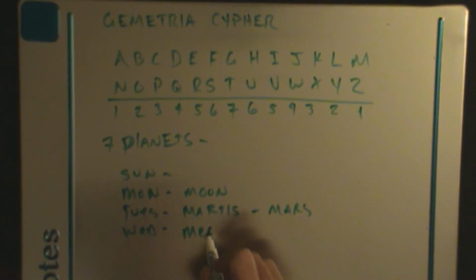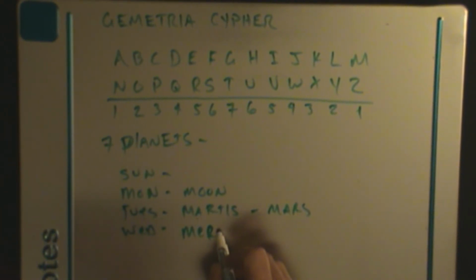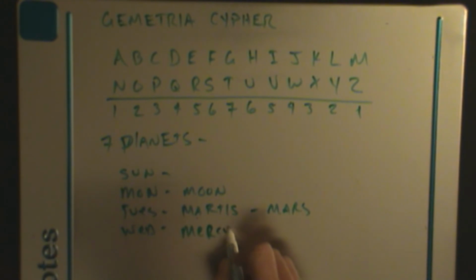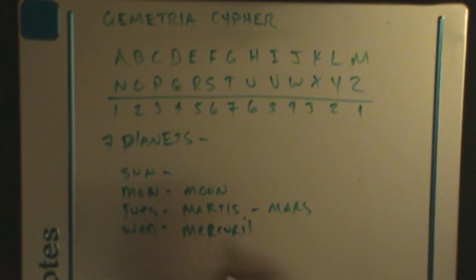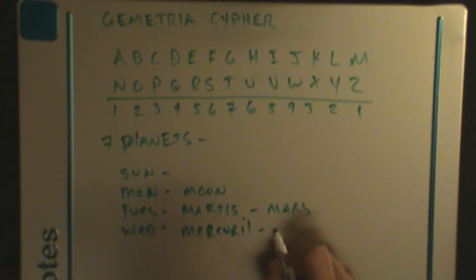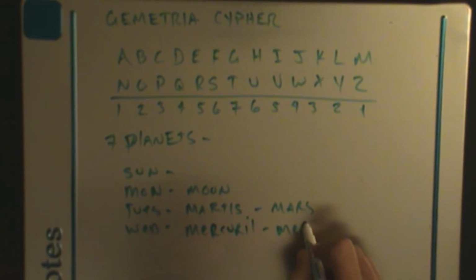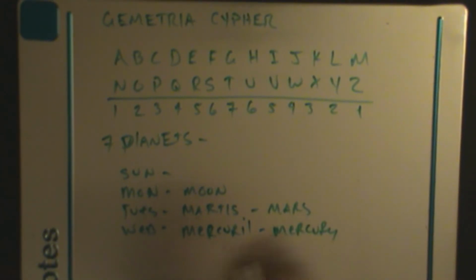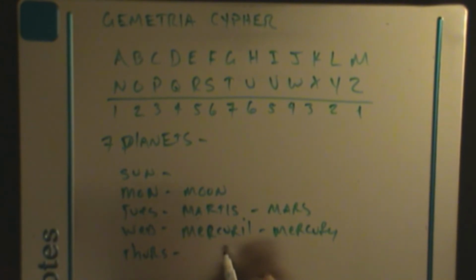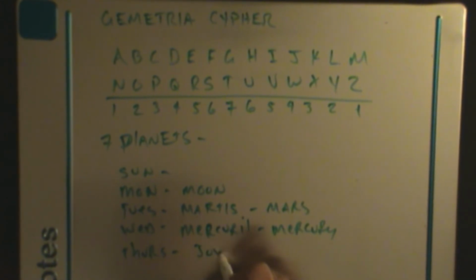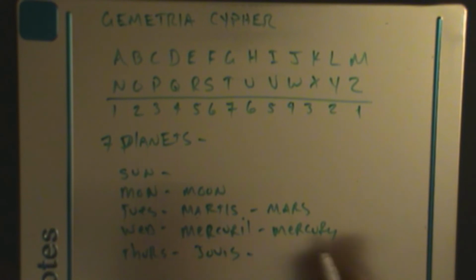It's Mercur. Mercury, which is obviously Mercury in English. Thursday is Jovis, which is Jupiter.